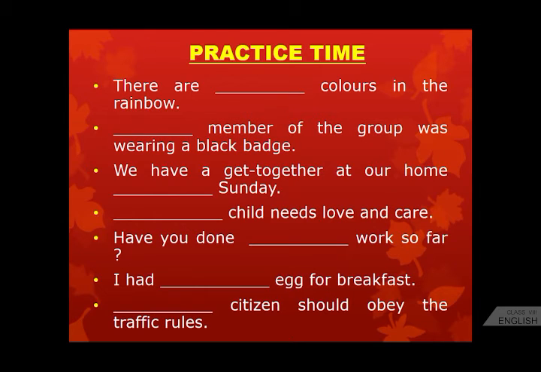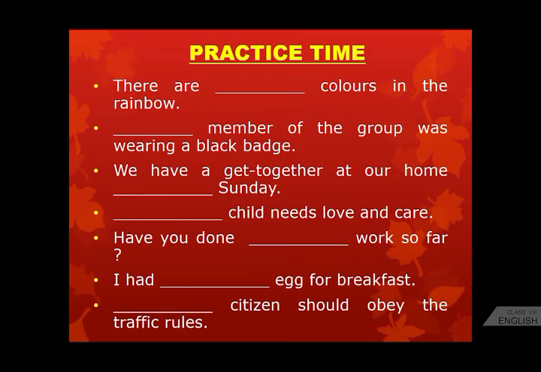We have a get together at our home this Sunday. It's nearby. That's why we are using this. Next one, dash child needs love and care. Here we are not sure about how many children the speaker is talking about. It's an indefinite number, so we have to use every child needs love and care.